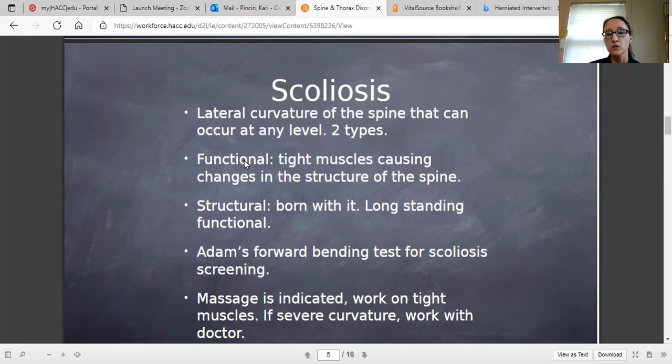The other type of functional scoliosis I saw was very similar. It was a truck driver who was a long haul trucker, if I remember correctly. So driving 15, 20 hours, and he would sit on his truck seat with his wallet in his back pocket. Now, if your wallet is in your back pocket, then one side of your hip is going to be raised up like this as you're seated.